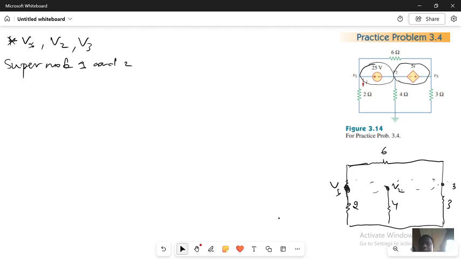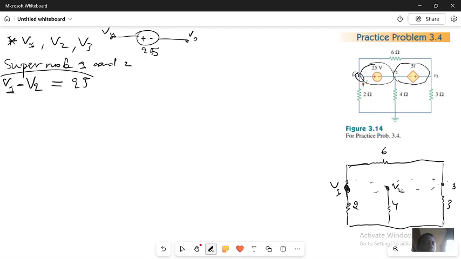In supernode 1, 2, this voltage, because in general, as we saw in the previous one, I have 25, so VA minus VB equals 25. So in this case, I will have V1 minus V2 equal to 25. That is the first equation that I will have.